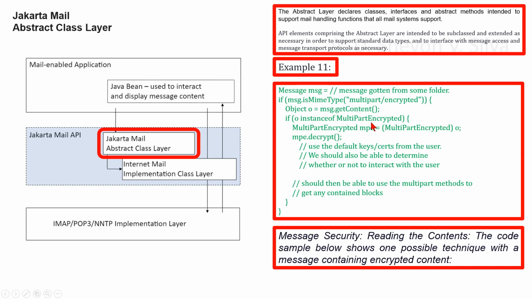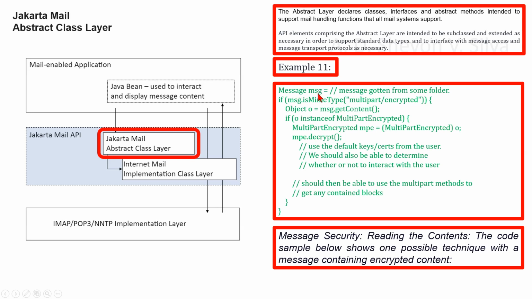There will be methods on this class to decrypt the content. The decryption could either determine which keys need to be used and use defaults, maybe the current user's key, or explicitly pass which keys or certificates to use.